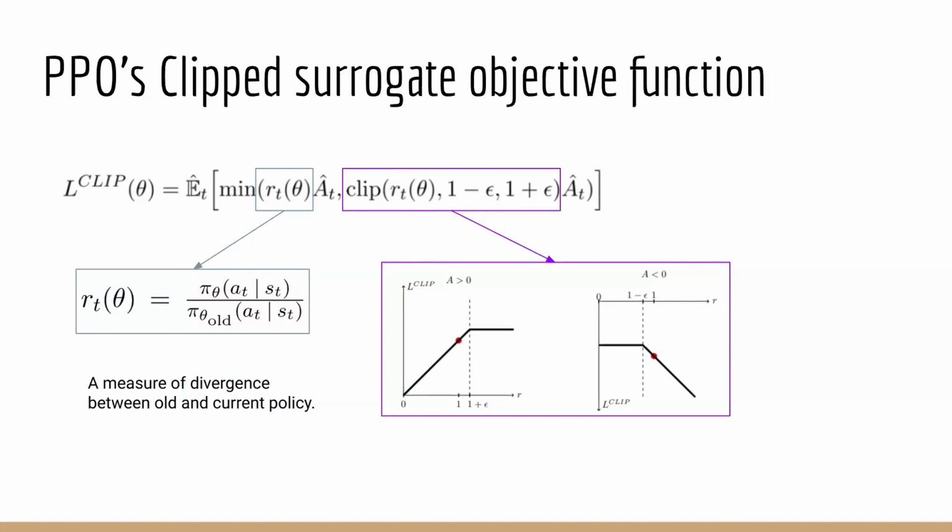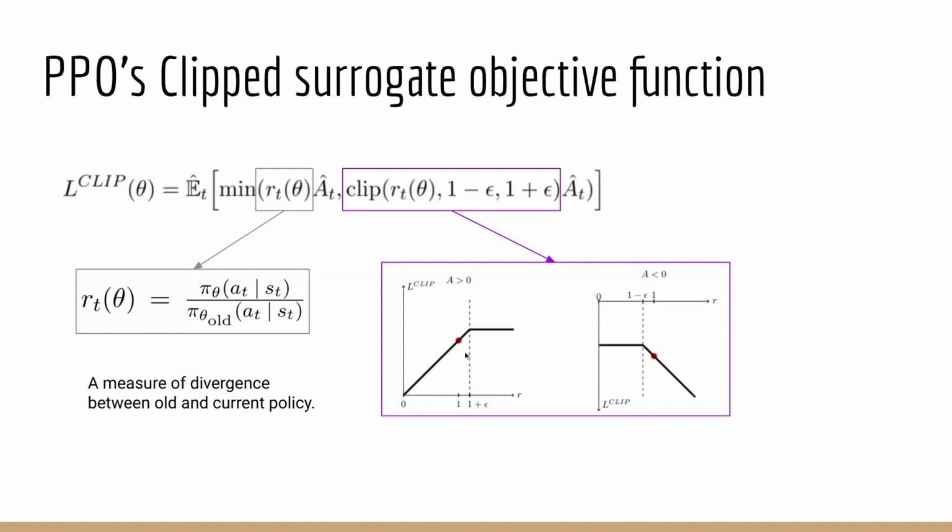And therefore, it could lead to an excessive policy update. And so it's more likely we will fall off the cliff. So now it comes to the clipped part of the surrogate objective function.